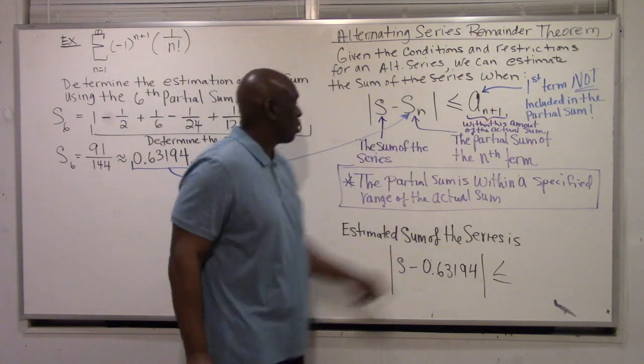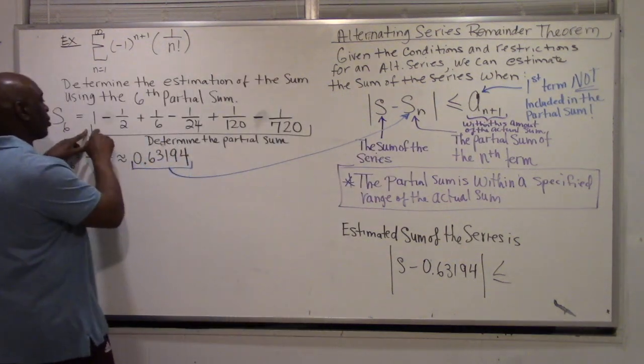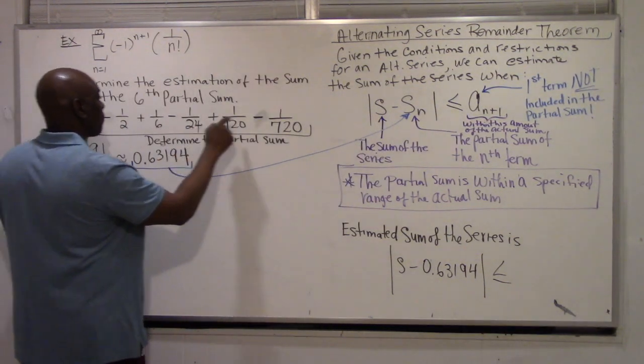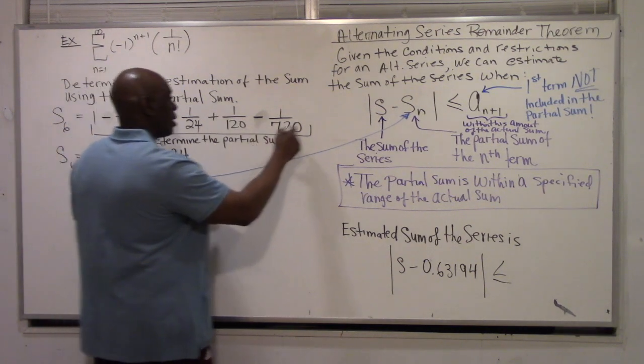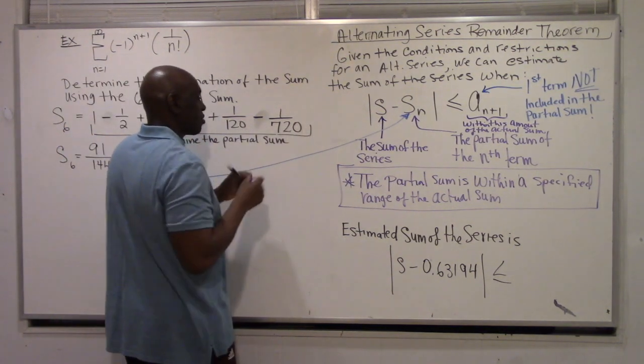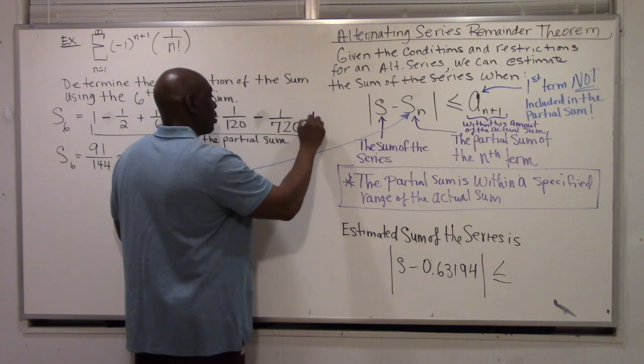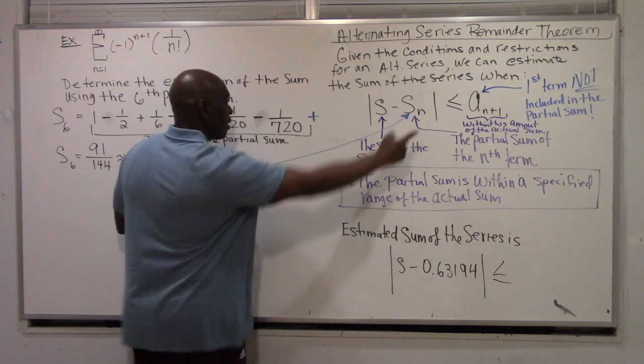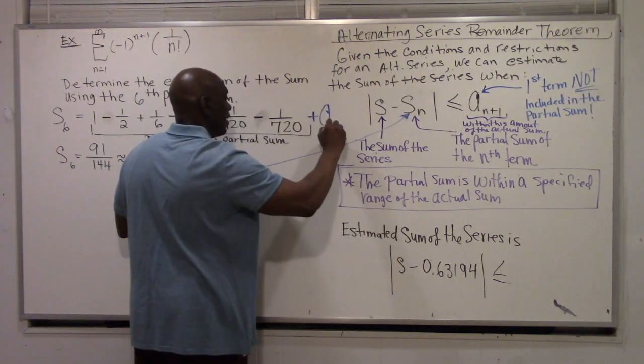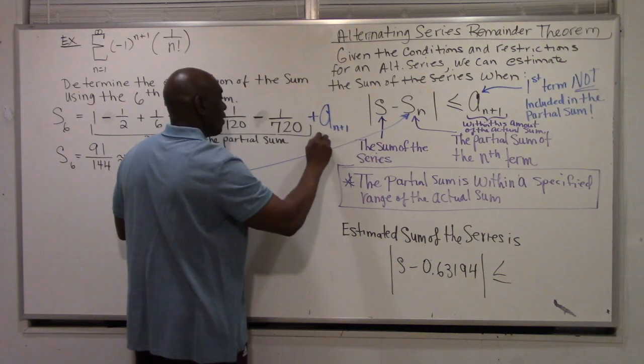Okay? So after I get the first 6 terms, 1, 2, 3, 4, 5, 6, plus, watch this, plus a sub n plus 1. That's right here.